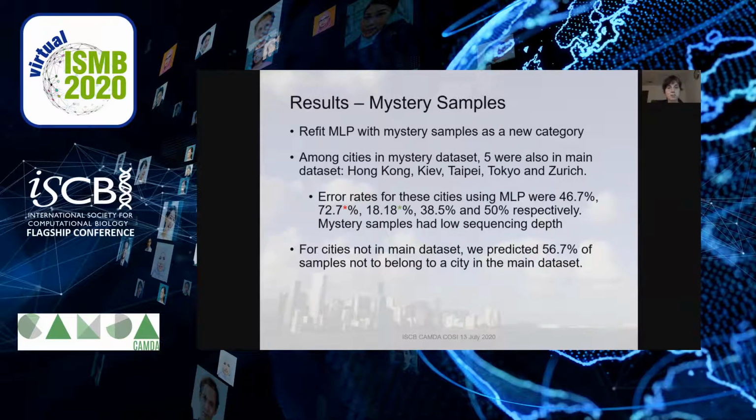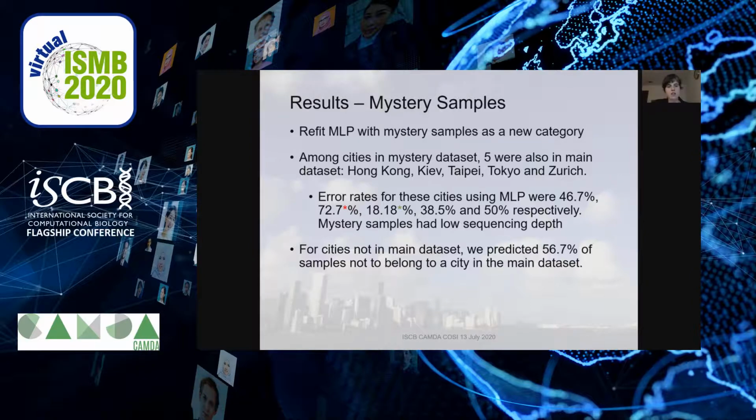Then for the mystery samples, we refit the MLP with mystery samples as a new category. Now, among the cities in the mystery data set, 5 of these were also in the main data set. So these were Hong Kong, Kiev, Taipei, Tokyo, and Zurich. And we found that error rates for these cities using the MLP were 46.7%, 72.7%, 18.8%, 38.5%, and 50% respectively.